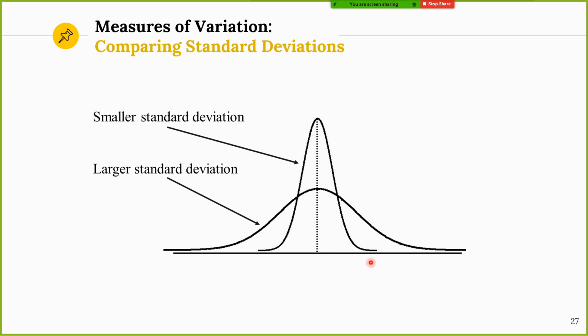The value is on this axis, and the vertical axis is the frequency. In this other one, the line is also the same mean, but a different standard deviation because the data is quite scattered.